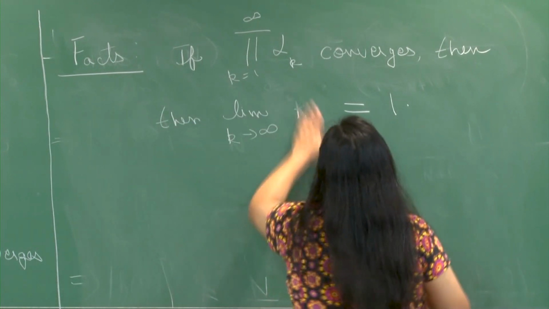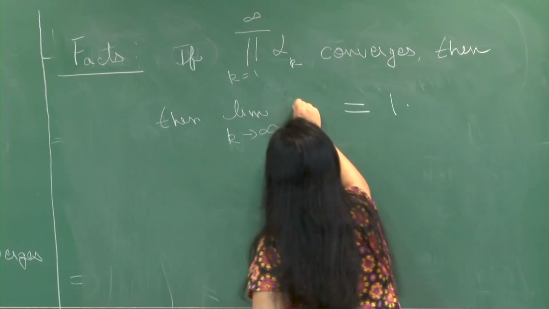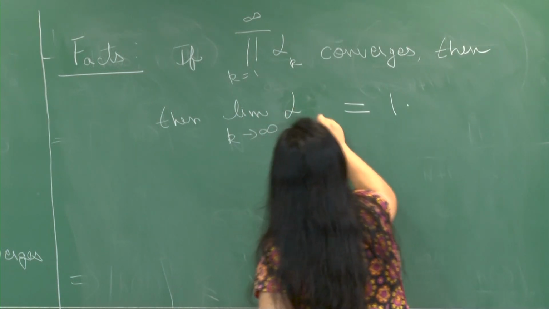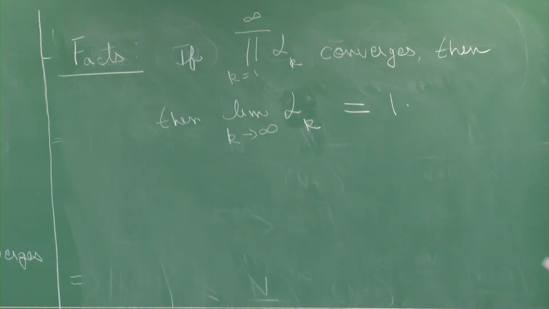In fact, not just P sub k, the limit of the alpha sub k's is equal to 1.